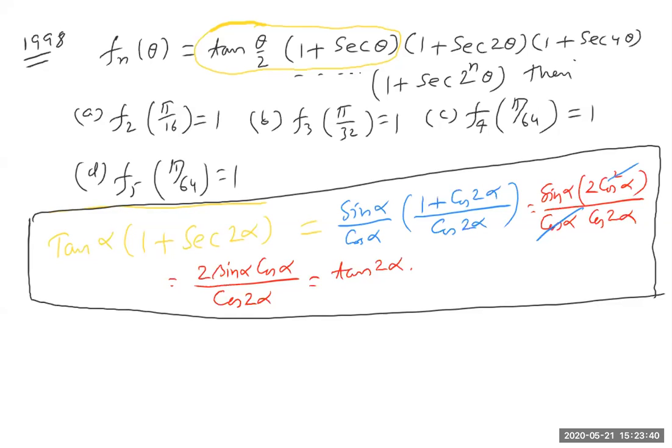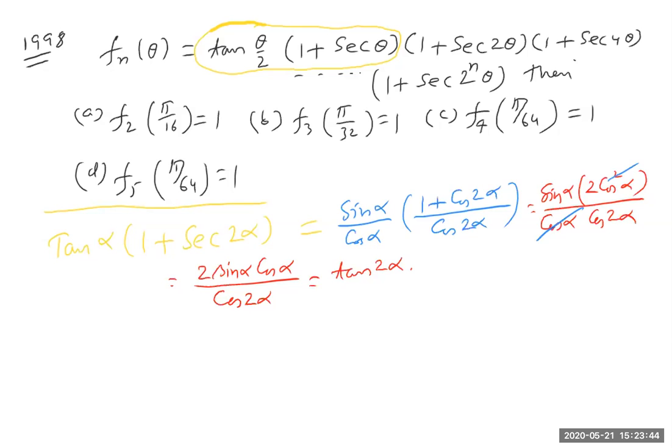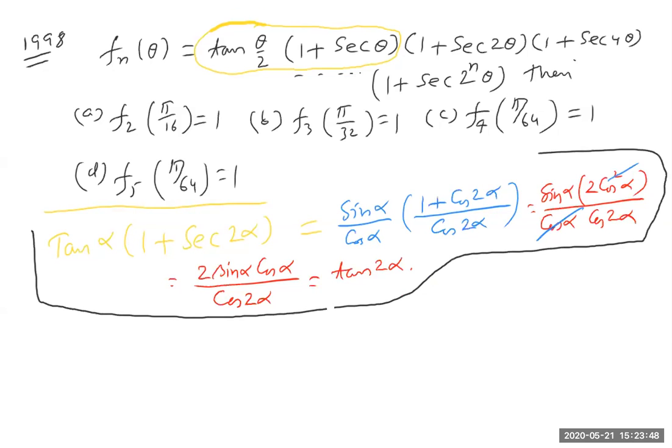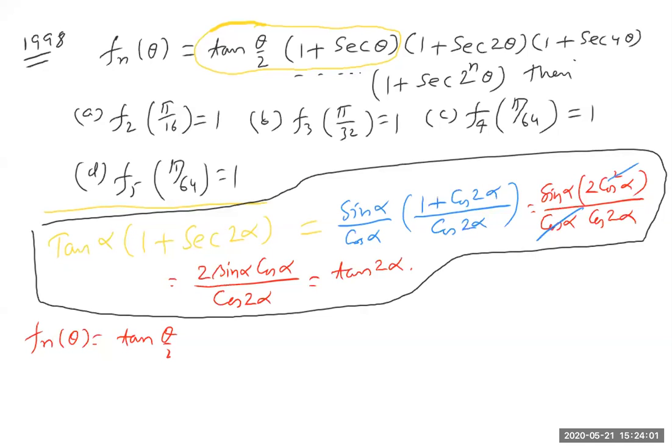How is this a repeated application? See, I will explain this here now. My question is f n theta, equal to tan theta by 2 into 1 plus sec theta.